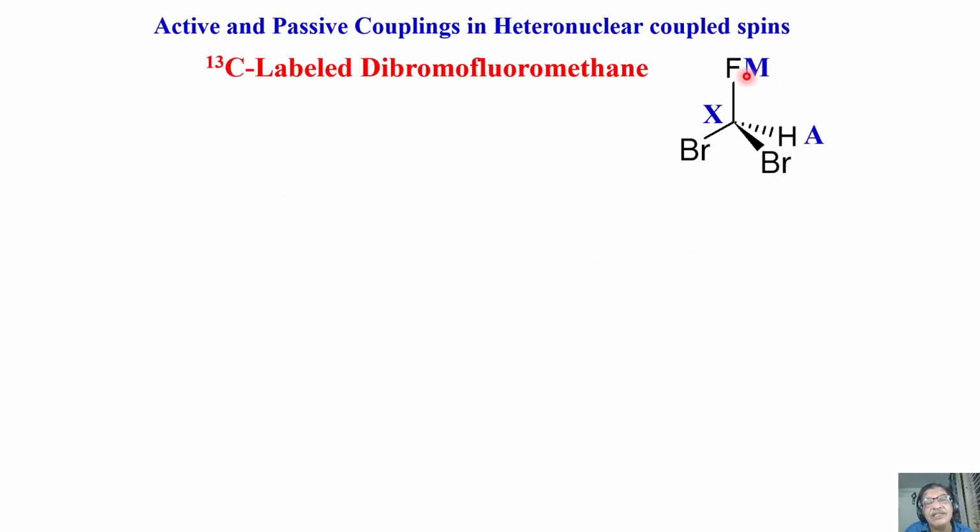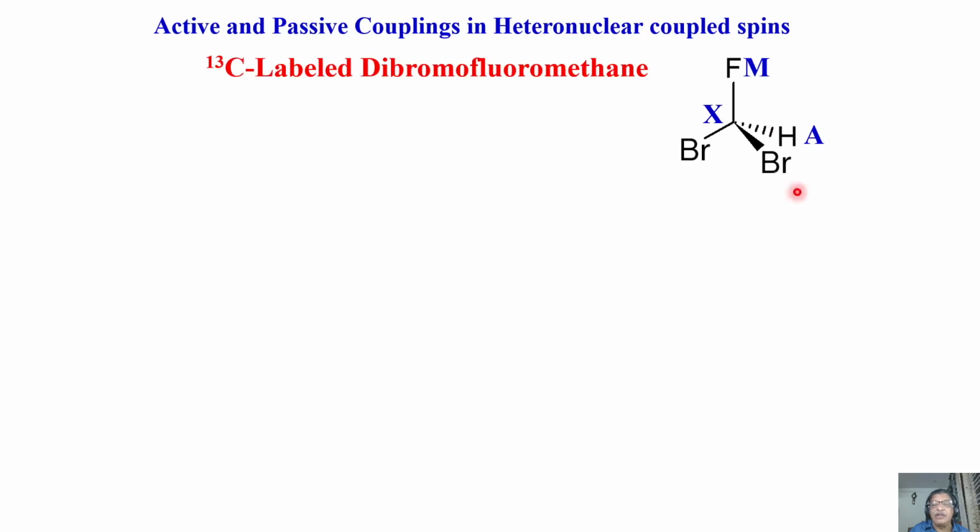So now in this 3 coupled system, this carbon 13 is labeled. As a consequence, there are 3 different heteronuclei here: proton, fluorine, and carbon, which is also labeled. So 3 active spins are there. All are 100% abundant now.